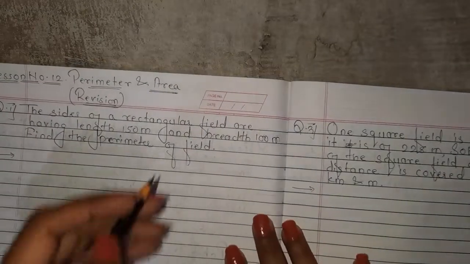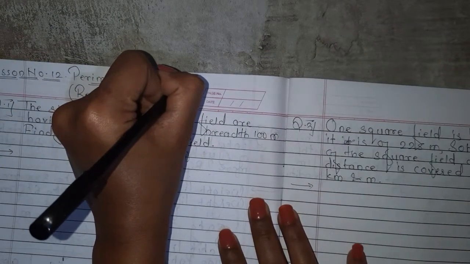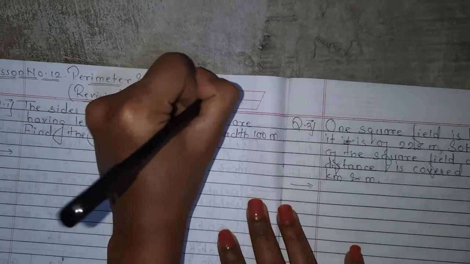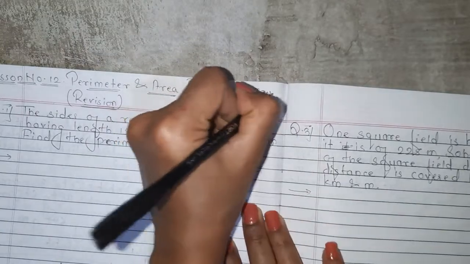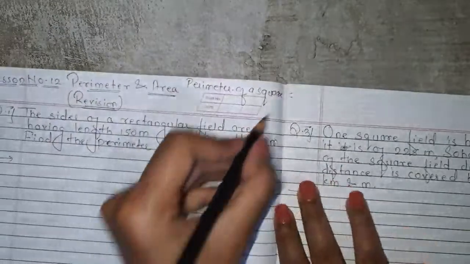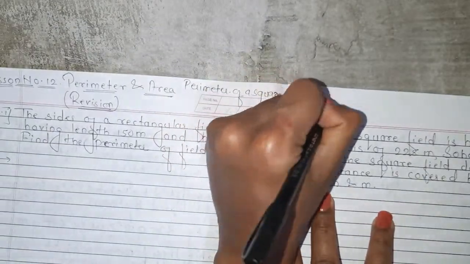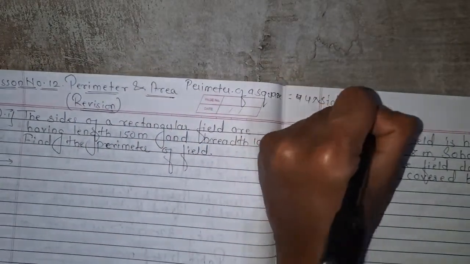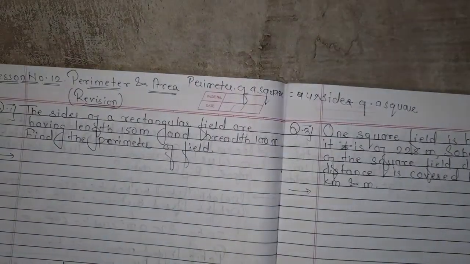So perimeter of a square. What is the formula? 4 into side of a square.